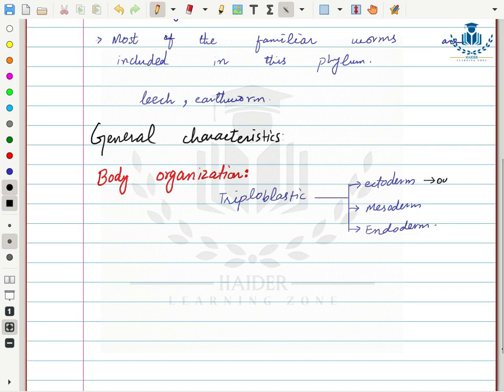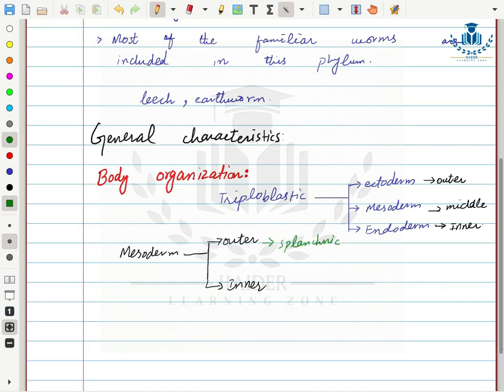Ectoderm is the outer layer, mesoderm is the middle layer, and endoderm is the innermost layer. Now, in case of annelids, mesoderm is split into 2 layers, outer layer and inner layer. Outer layer is called splanchnic mesoderm, while inner layer is called somatic mesoderm.